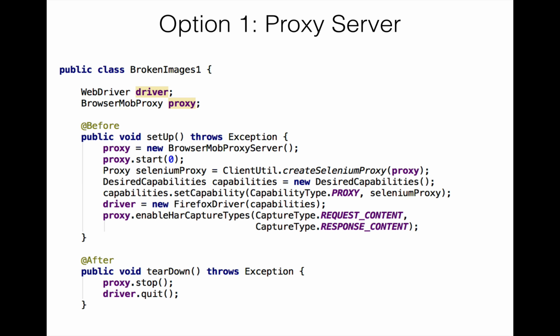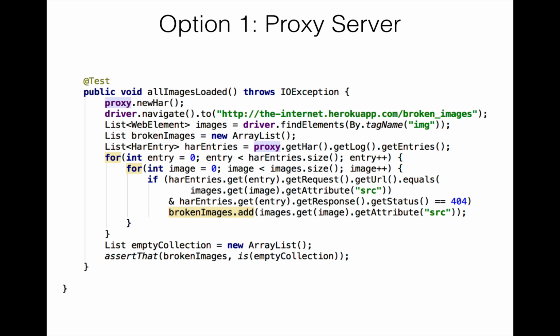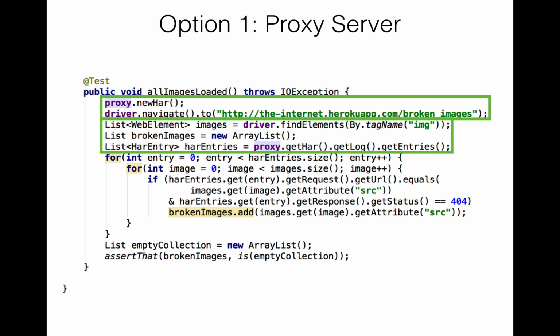For a proxy server, it's very much the vanilla setup that we had before. And then the actual meat of it is here, where we do a few things differently. So we start capturing the HAR traffic, and we navigate to a page. This page has broken images on it. And then we create a few different collections.